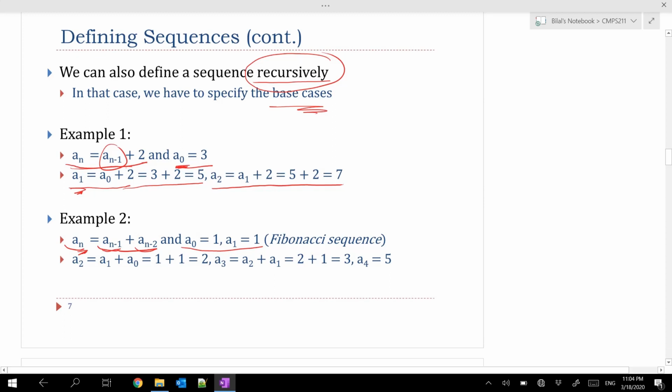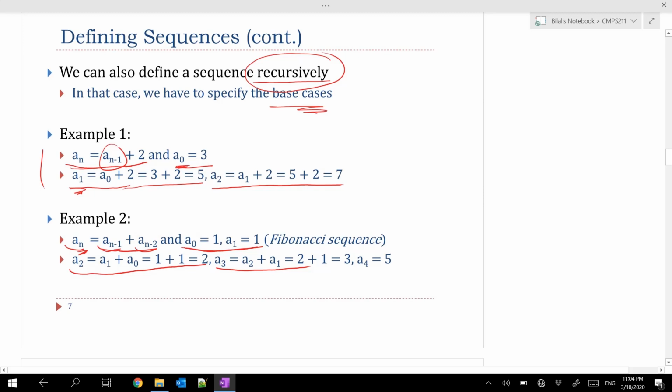So in this case, you have to provide two different base cases to allow you to calculate the third term. And from there, you can define all the other terms as we did before.